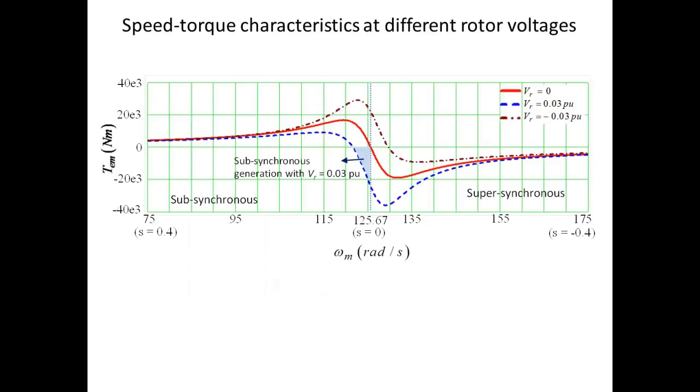Okay. So that clearly shows that even when the speed is actually less than the synchronous speed, power generation is possible with the DFIG. But not for any positive slip value. It is only this very narrow range it is able to generate power, but this corresponds to VR of 0.03 per unit. If you can change that, then you can extend this region over which we have generation in a subsynchronous mode of operation.